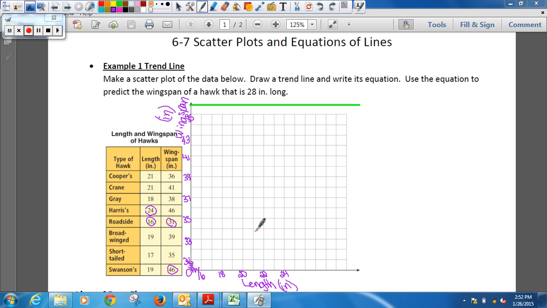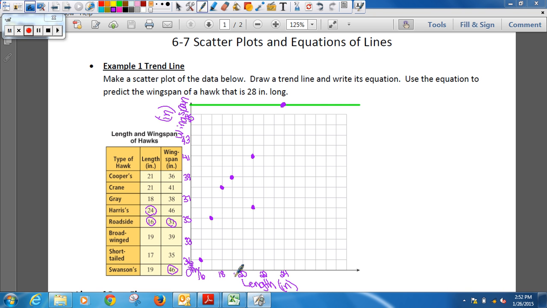So 21 goes to 36. 21 goes to 41. 18 goes to 38. 24 goes to 46. 16 is 31. 19 goes to 39. 17 goes to 35.